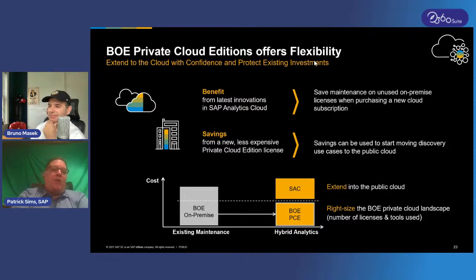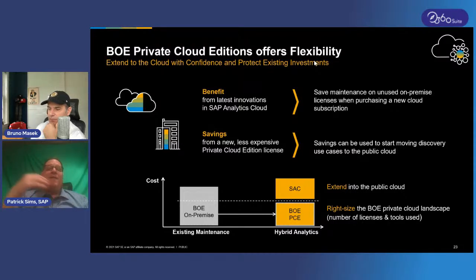And so what we have is a program to allow you to retire that maintenance for the tools you aren't using, and then perhaps, as Bruno mentioned, users you aren't using either. We can retire that maintenance, and it becomes a pot of money that you can then extend into the cloud. That's a nice way to bring us back to the front, where we were looking at the different analytics capabilities.